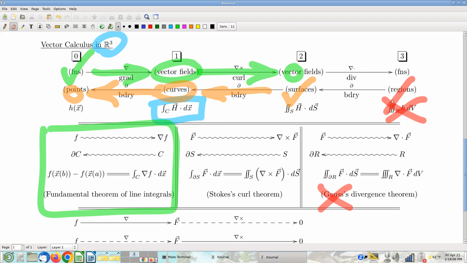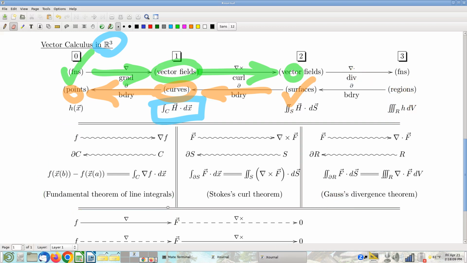Let me point out something really nice about what happened here. These calculations that we did actually played a role twice. The fact that curl was 0 was helpful in that it told me that I could use the fundamental theorem of line integrals, but it was also helpful because it was the integrand in an application of Stokes' theorem. So this being 0 was useful twice. Everybody see what I mean?